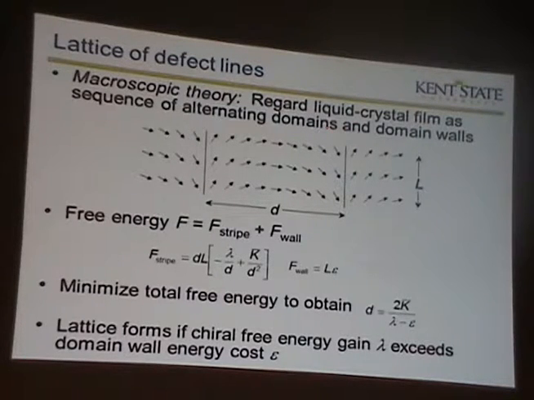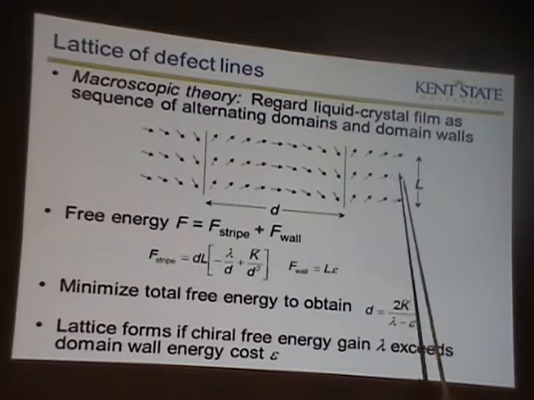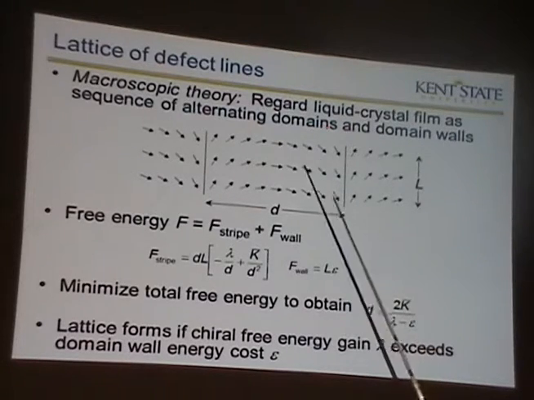I want to make one more point to you that's a general lesson about different ways of thinking about defects. This is a macroscopic view of what's happening in the structure.